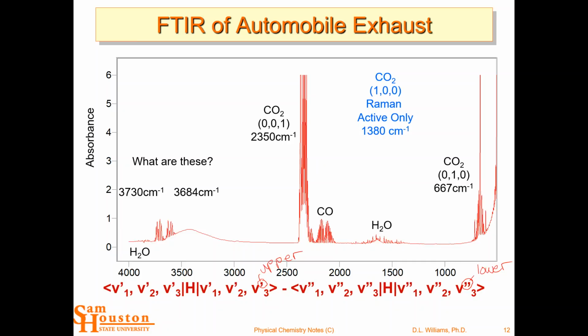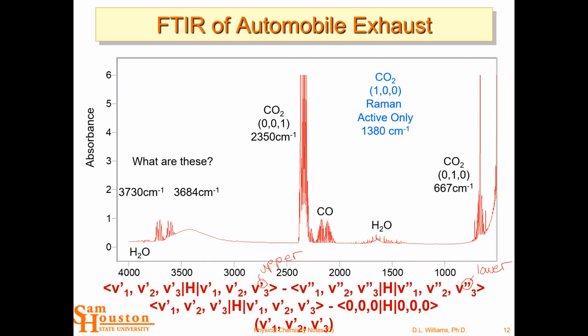So if we have this difference, and they're all fundamentals, notice that we have 0, 0, 0 here, and then the upper vibrational states here and here. All we really need to do to label a peak, since half the information is all 0, 0, 0, these are fundamental transitions, is label that peak with the vibrational quantum numbers in the upper state.